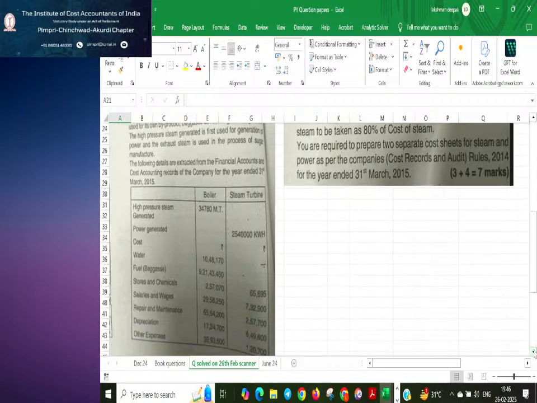So if you look, this is the production that they are making. So this is the quantitative detail. So their high pressure steam is generated, that is 34,780 metric tons is generated. Power is generated through the steam turbine, around 25 lakhs 40,000 kilowatt hours are produced.